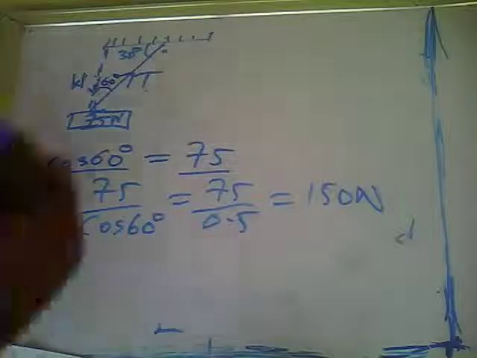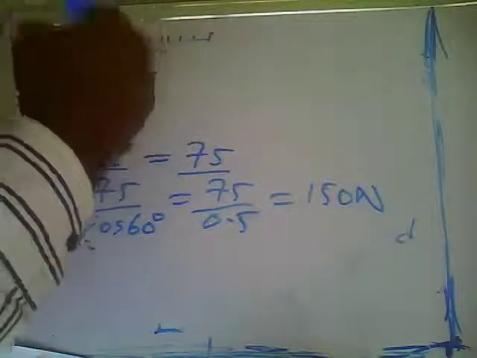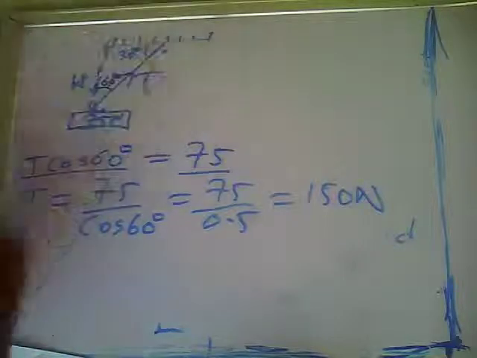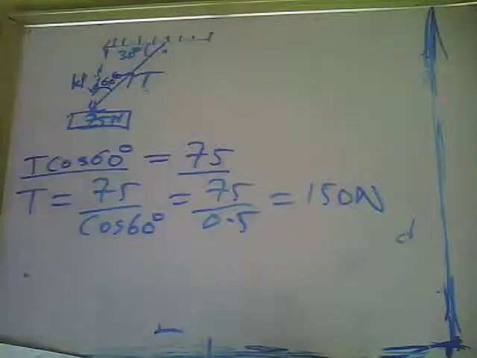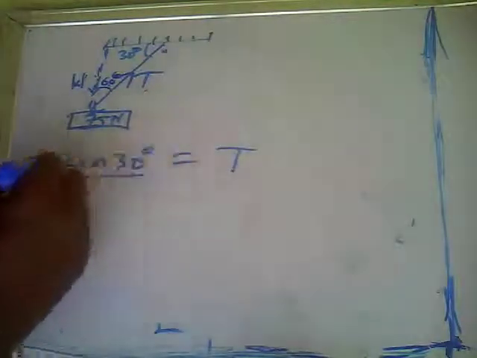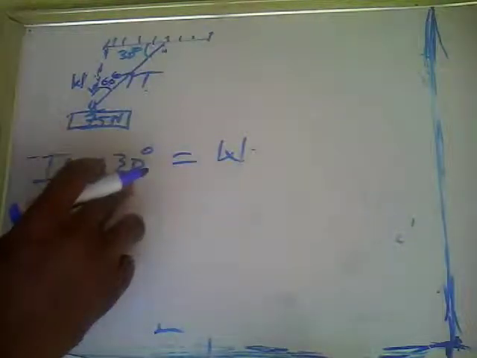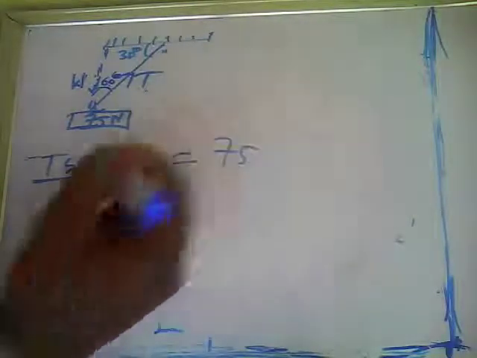Remember, when the cord makes an angle of 30 degrees with the horizontal, it automatically makes an angle of 60 degrees with the vertical. Alternatively, we can solve it as T sine 30 degrees, which is the component of the tension along the vertical direction, and that equals 75 because that's the weight of the mirror.